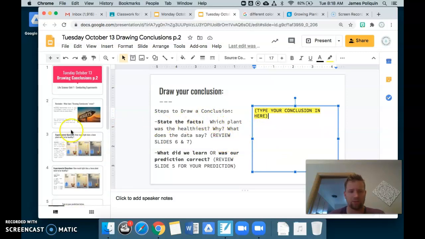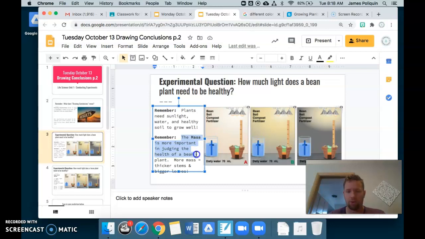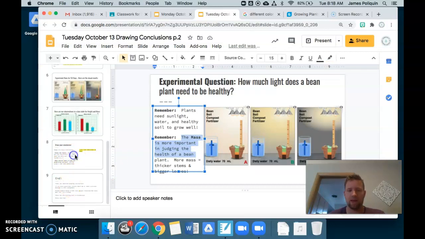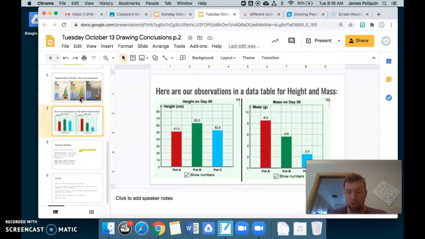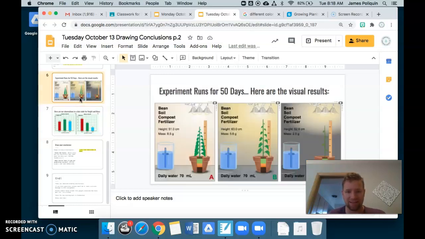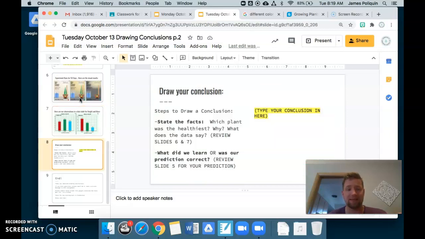Well, if we circle back to what makes this bean plant healthy, mass is more important in judging the health of a bean plant. Okay, so which bean plant had the most mass? Review your data on slides 6 and 7 to help you make that decision.